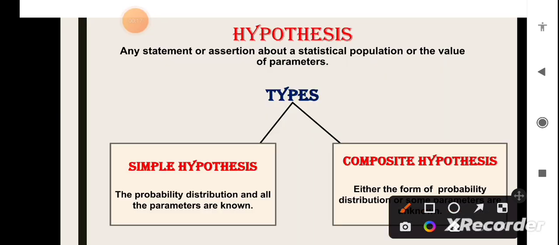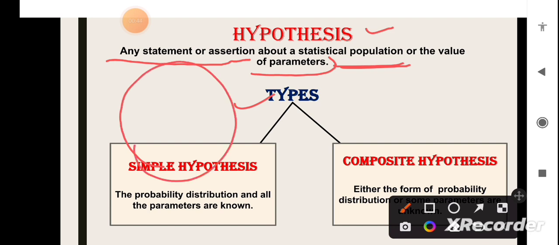Starting with the hypothesis itself, let's know what a hypothesis is and what its types are. Hypothesis can be defined as any statement or assertion about a statistical population or the value of parameters. For better understanding, let's take an example. Suppose we have to check whether there are microplastics in river water or not.